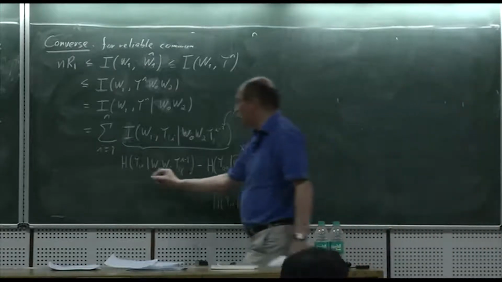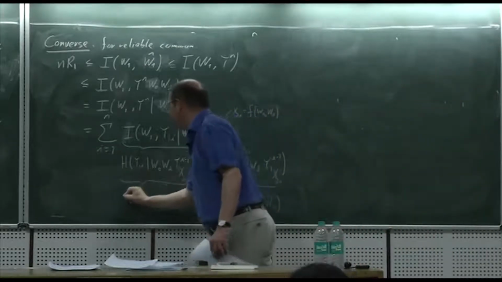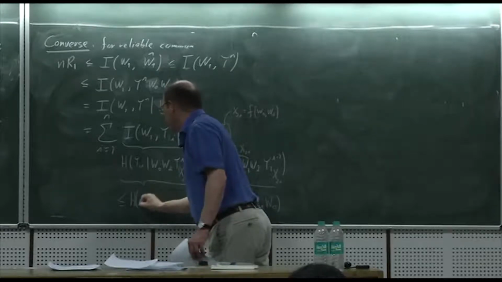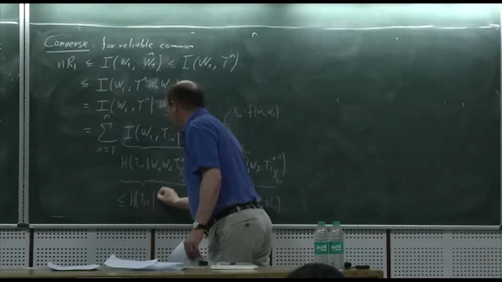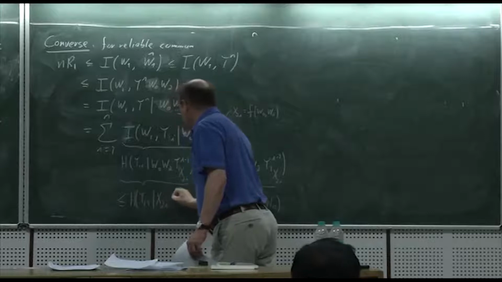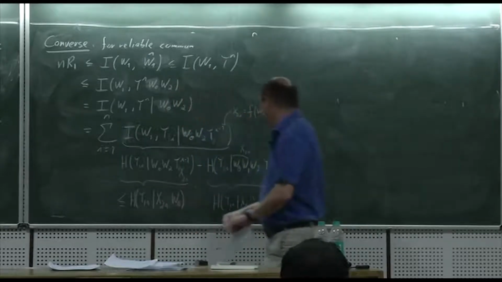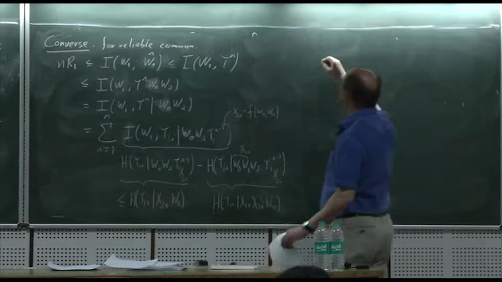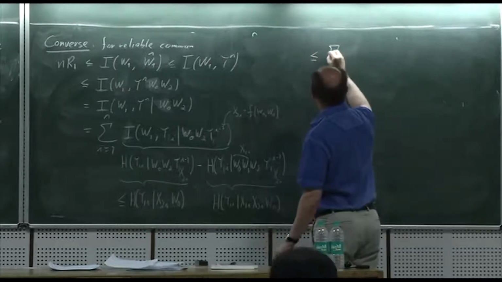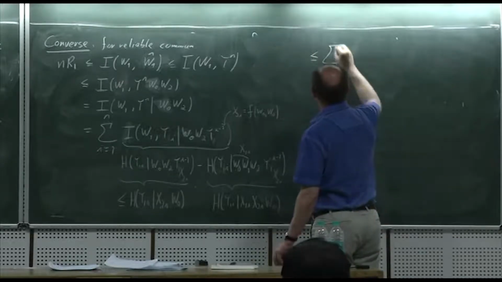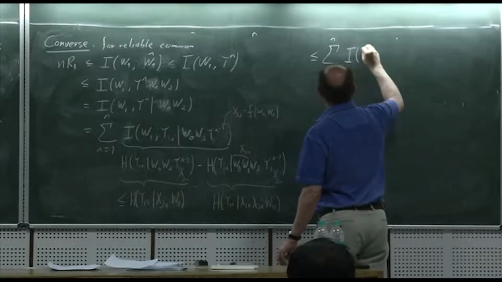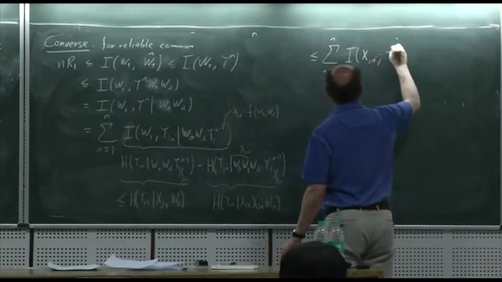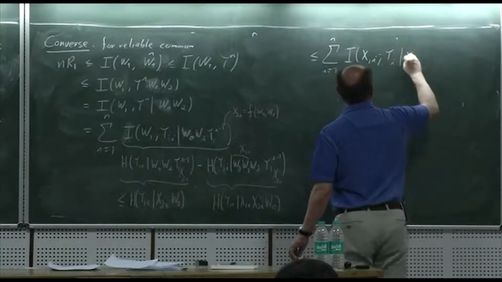Do this one here, I can say is less than or equal to H of Y1i given X2i and W naught. Okay, so this whole thing here is less than or equal to the mutual information between X1i and Y1i given X2i, W naught.